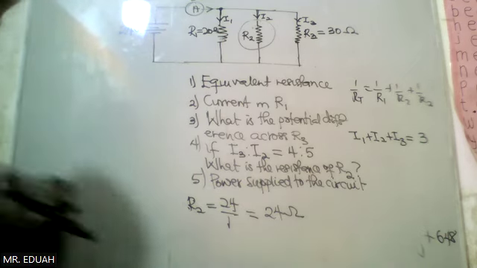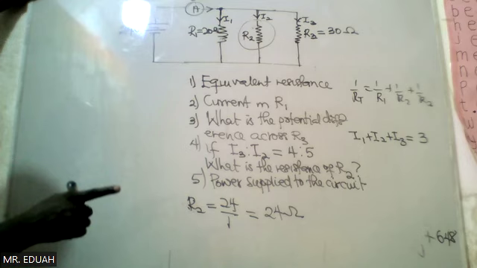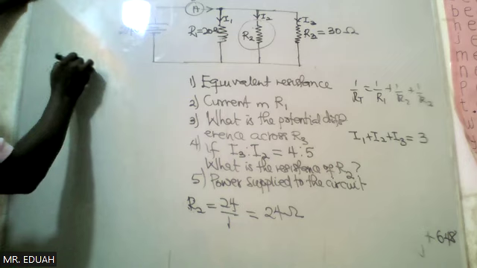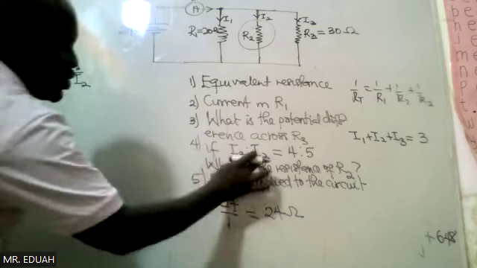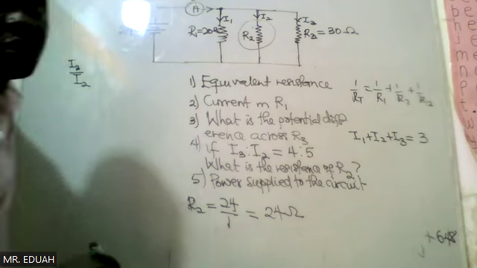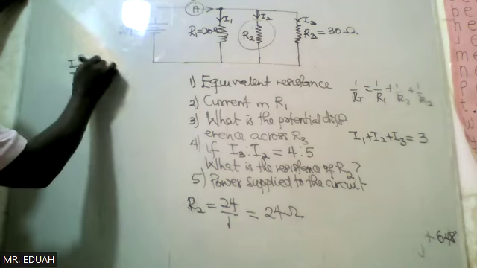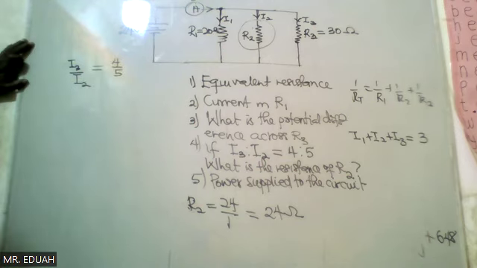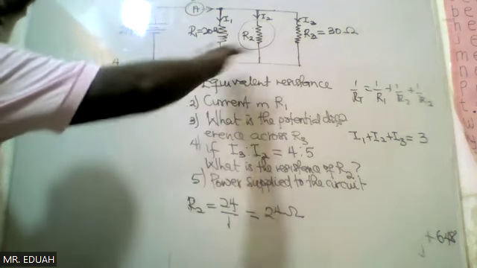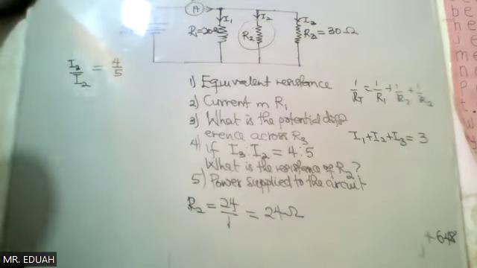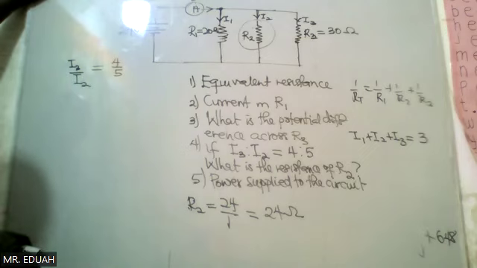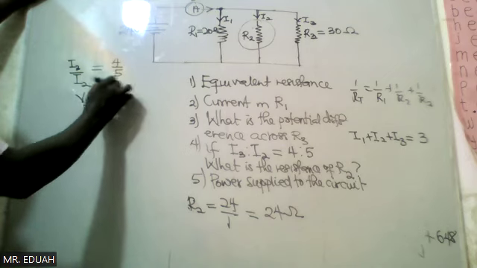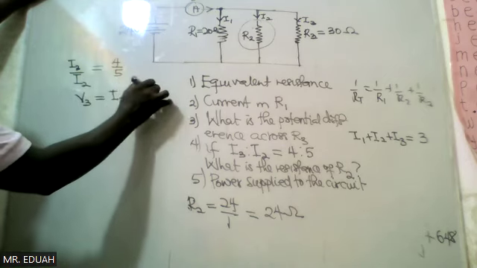Okay, so Rachel even contributed to that. If we are to use I3 over I2, the ratio of I3 to I2 is 4:5. Now knowing R3 and knowing the voltage, we can find I3, because V3 is equal to I3 times R3.